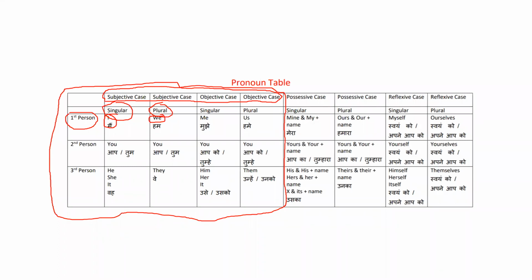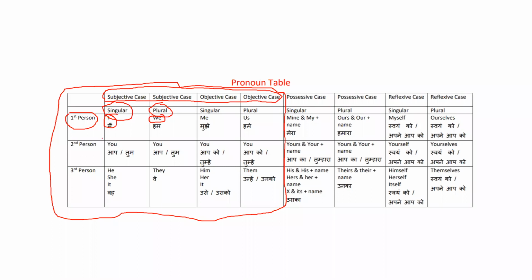If we talk about the speaker, those pronouns are called first person pronouns. So I is first person singular, but we is first person plural, because I can be used for one person and we can be used for more than one person.